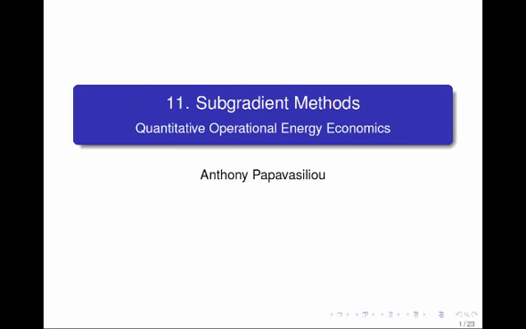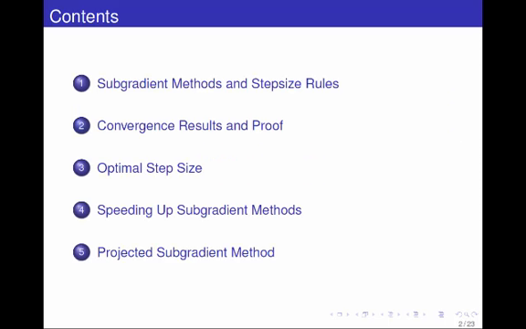Okay, so given the discussion about subgradients, let's now see some ways to use them. I'm going to start by giving you the algorithm and then the proof, and then some ways to improve the theory for practical purposes.